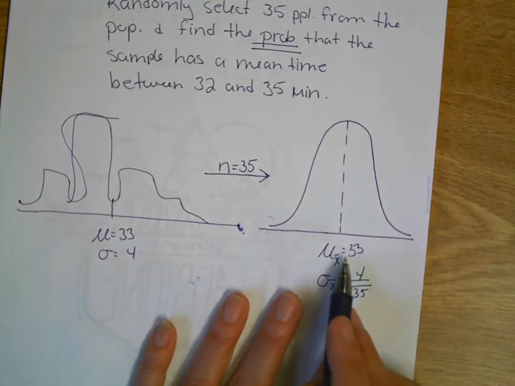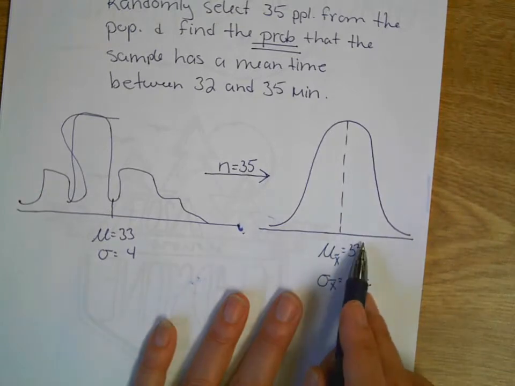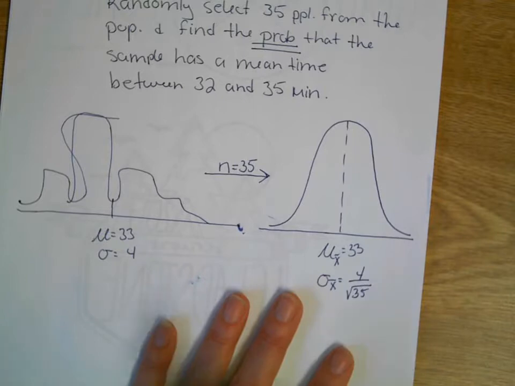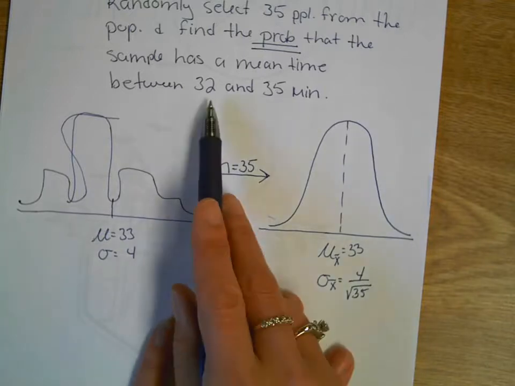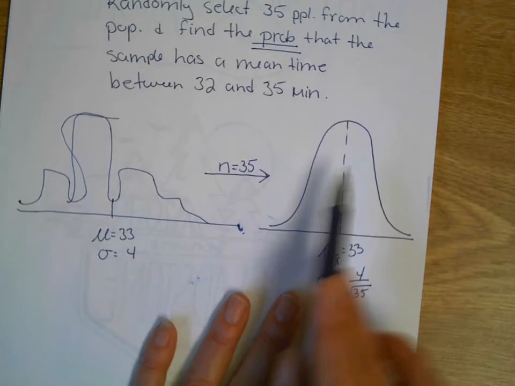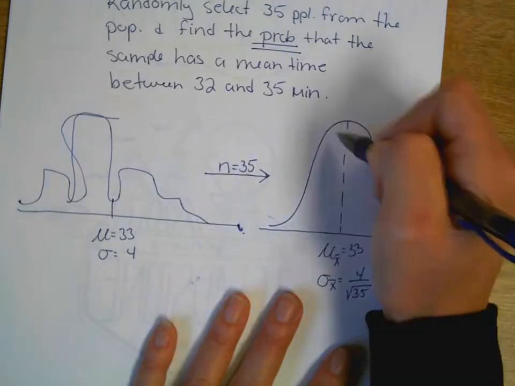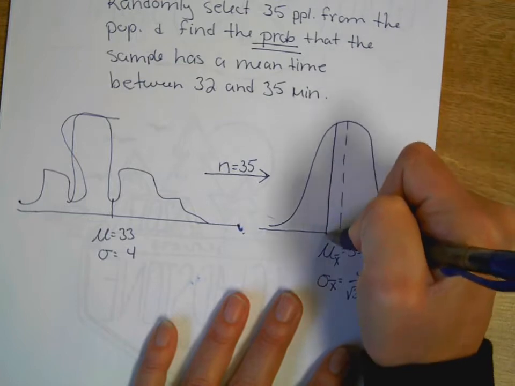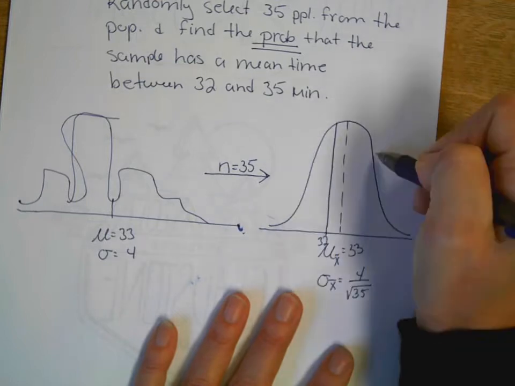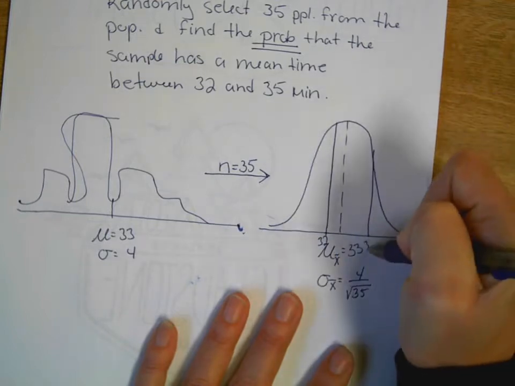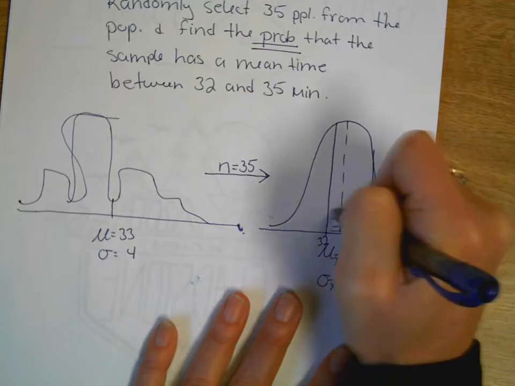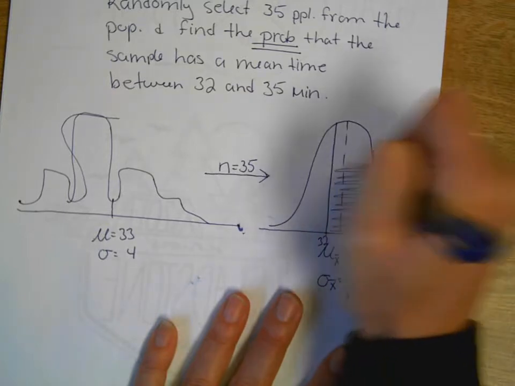So now my probability question is coming off of this graph. And the question I'm asking is, what's the probability that a randomly selected group of 35 has between 32 and 35 minutes? So we're looking for 32 to 35. We're looking for that area.